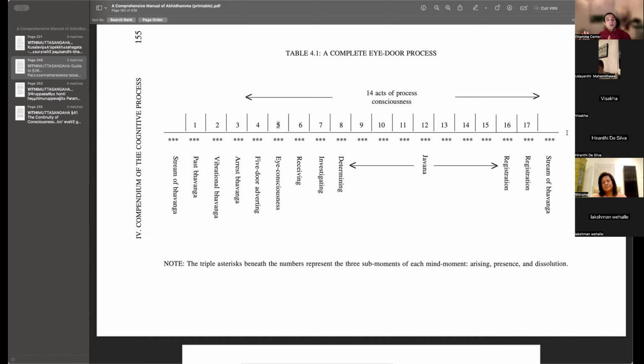Right. Now after that everything that runs is manodwarika. The object is finished, but what runs now is manodwarika. Now say in the first moment you didn't really take notice of it, but a friend beside you says, did you see that man?